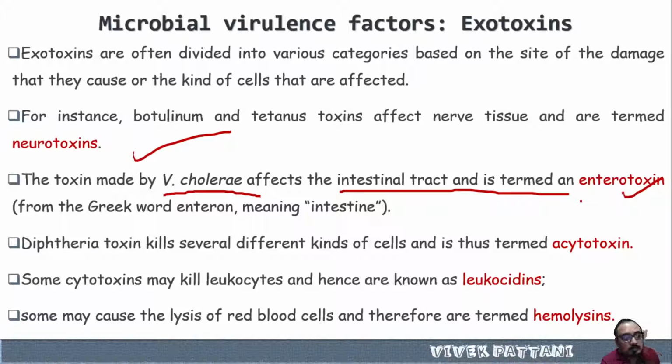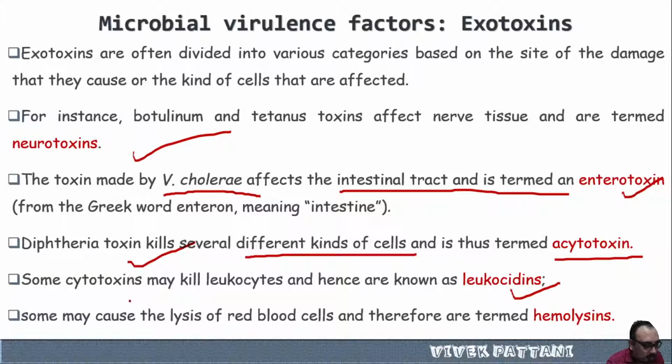Now comes the cytotoxin, which is produced by diphtheria. The diphtheria toxin kills several different types of cell and thus it is termed a cytotoxin.